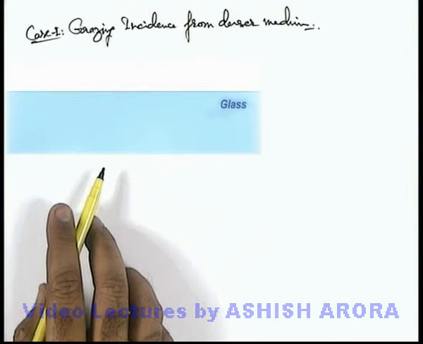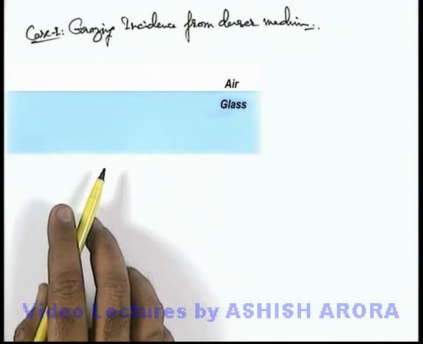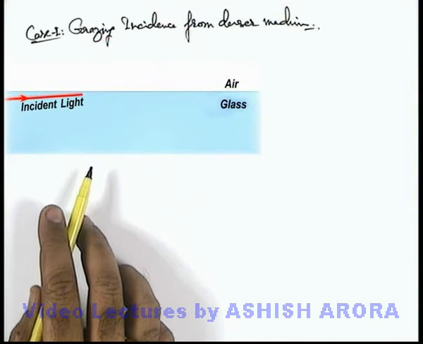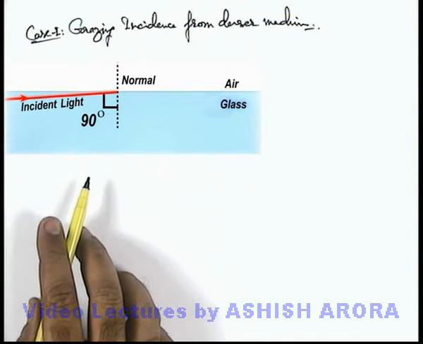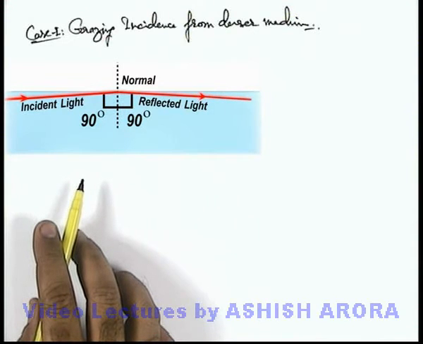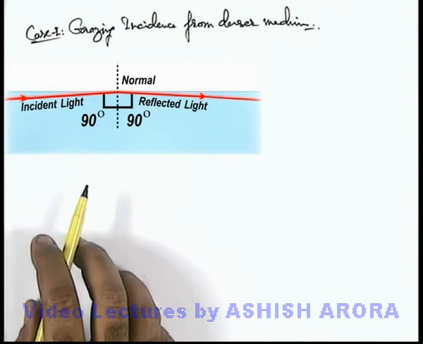Obviously air is a rarer medium and glass is the denser medium, and from the side of glass a light ray is incident on the boundary at approximately 90 degree angle of incidence. Then we can see the reflection angle will remain almost 90 degrees and the light ray will be reflected at the same angle. That means no light will get into the side of the rarer medium, or into air.